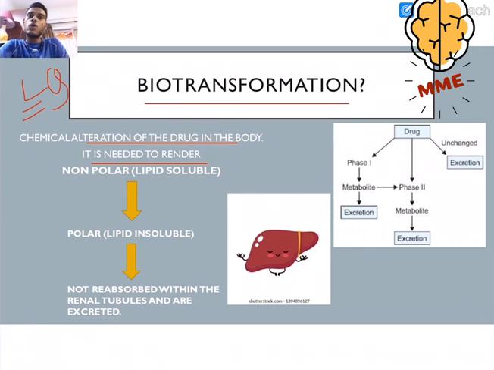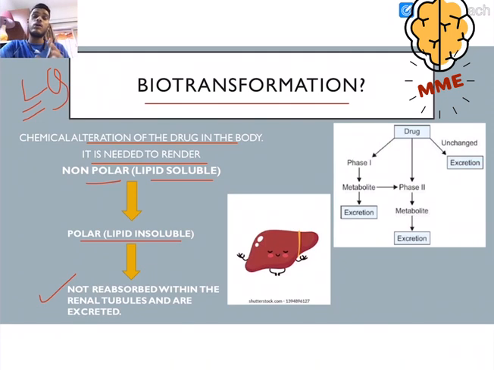It renders non-polar lipid soluble drugs of our body into polar lipid insoluble compounds. And once it is lipid insoluble, that means it will be water soluble, right? And once it is water soluble, it will be excreted via urine. It is obviously not reabsorbed and is excreted via urine.